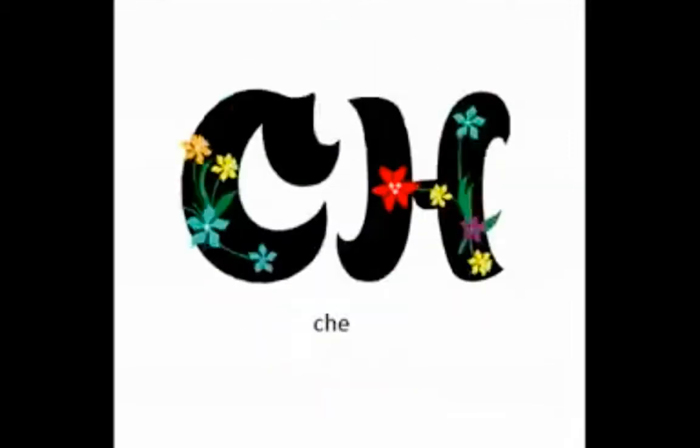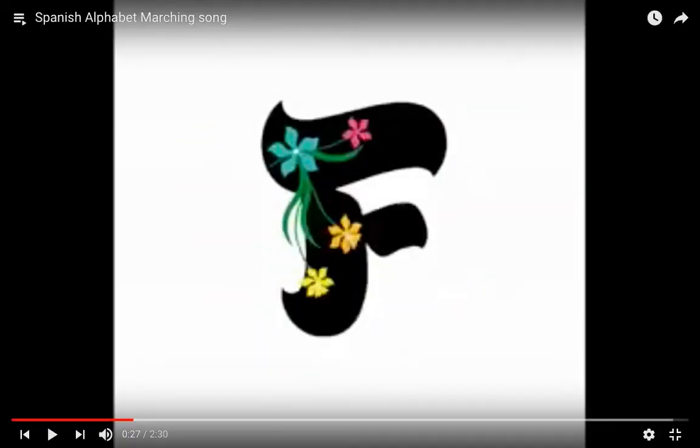A, B, C, Ch, D, E, F. So you got A through F there. A, B, C, Ch, D, E, F. So A through F, including that special CH.